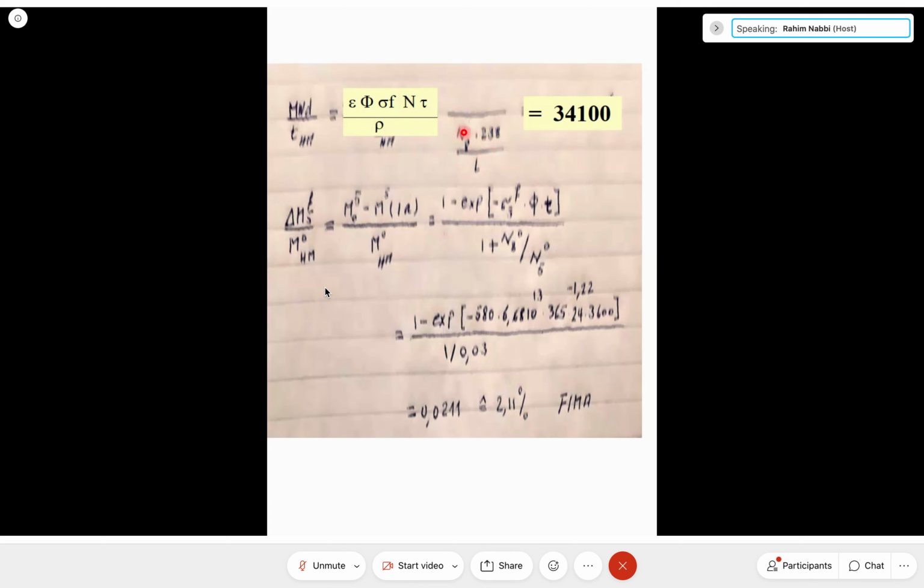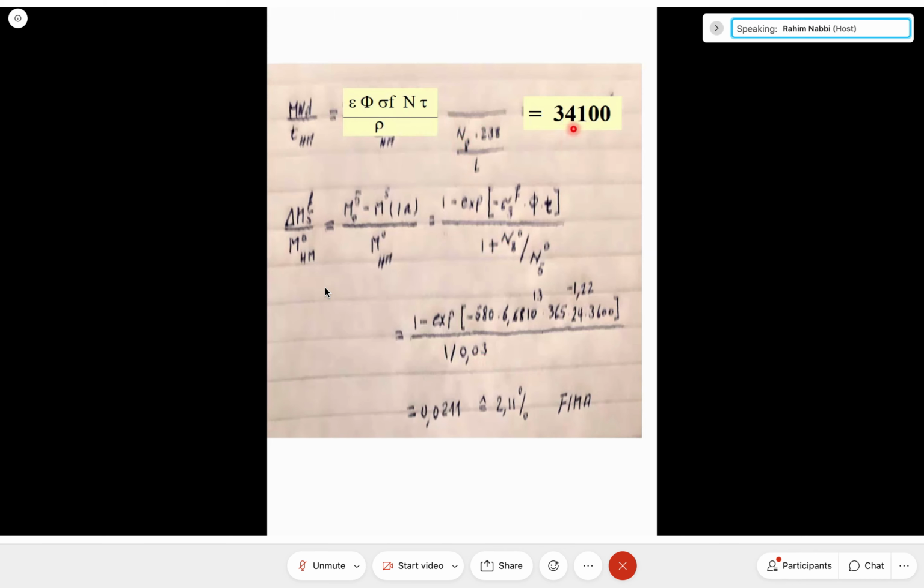What is the ratio here? The ratio represents, or is related to, the enrichment. The enrichment, for example, in this example here is 3%. It can be put there, and if you calculate it, you would get 34,100 megawatt day per ton.